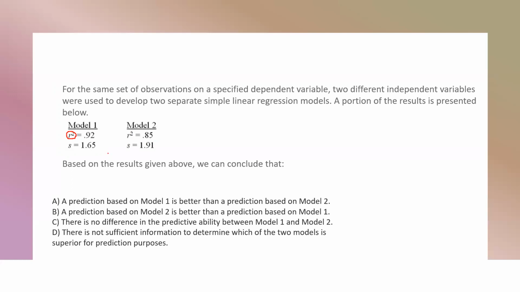So here we have two models, and it's saying that the prediction based on model 1 is better than the prediction based on model 2. How can we say one model is better than the other? By checking the R square. The R square of model 1 is greater than the R square of model 2, so therefore this is correct, right?